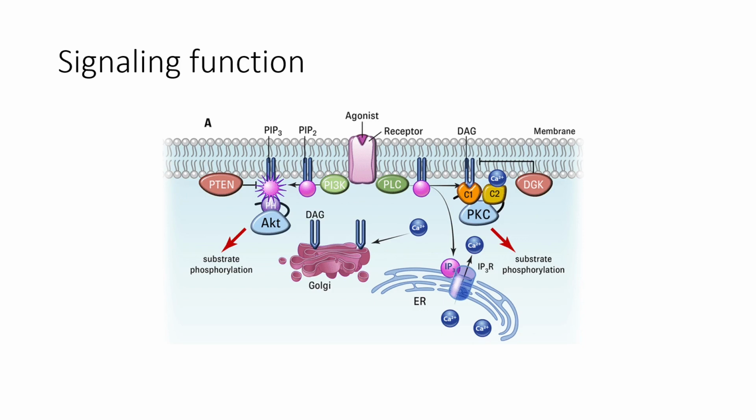So now, the signaling function. For example, there is an agonist which interacts with the receptor. After this, the reaction activates G proteins, to be specific, Gq proteins, and the alpha subunit of Gq protein is the enzyme GTPase.